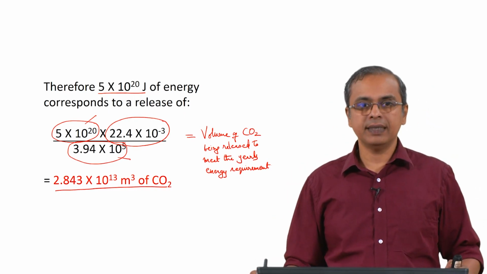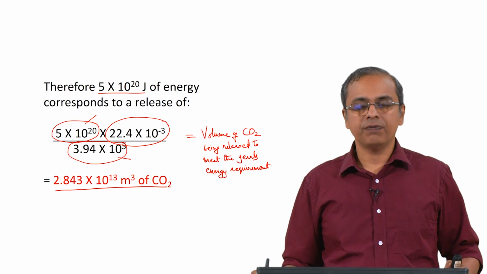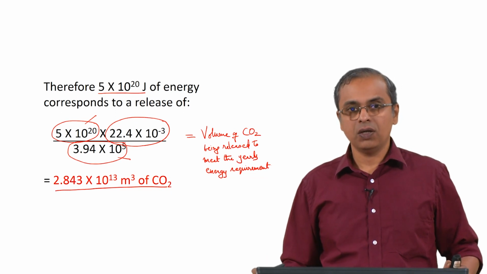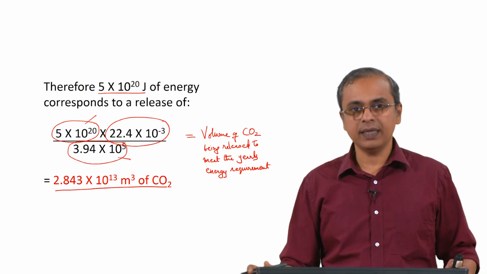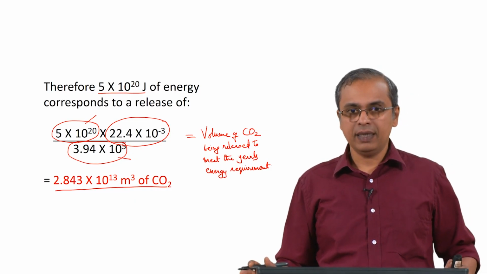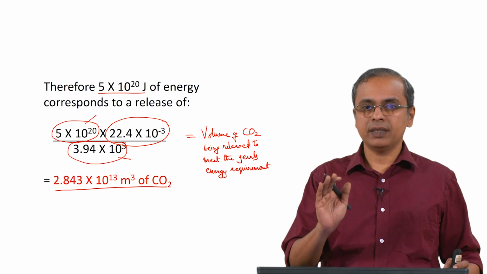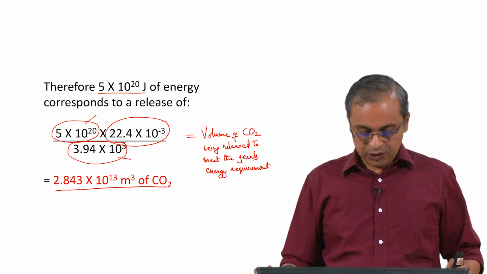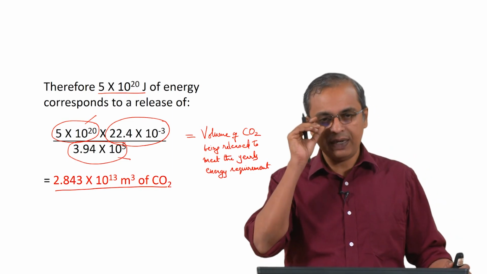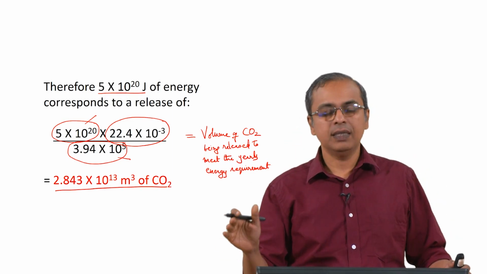2.843 into 10 power 13 meter cube of CO2 is being released, or will need to be released, if the entire 500 exajoules of energy used by mankind is released by combusting carbon. Okay, so that is the number we have now arrived at. We have gone through a calculation where we have made a bunch of approximations.